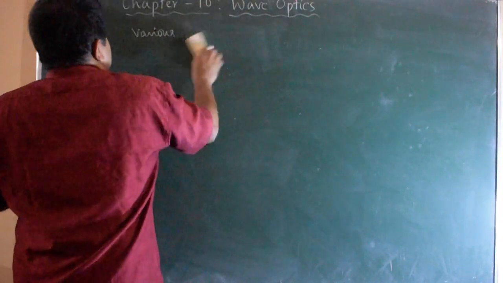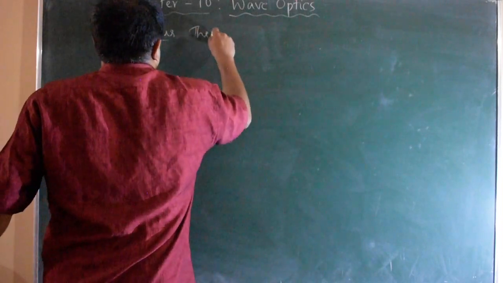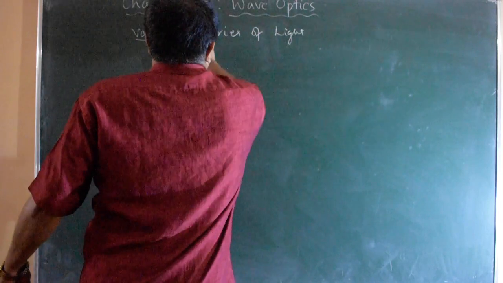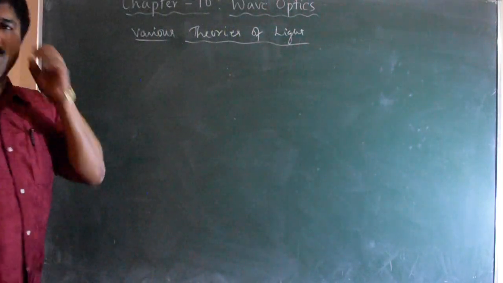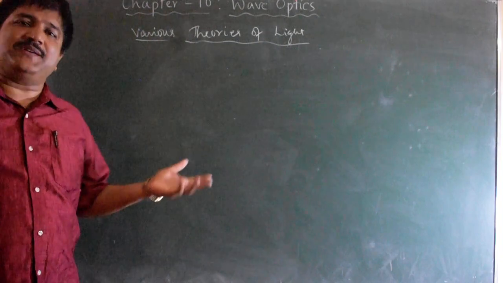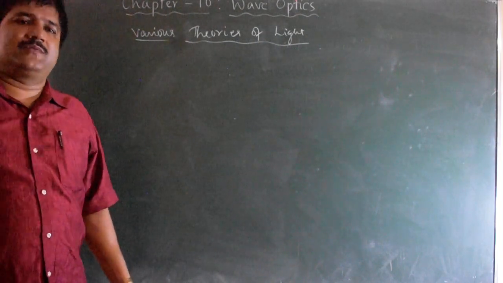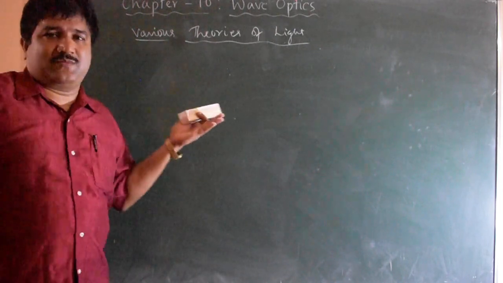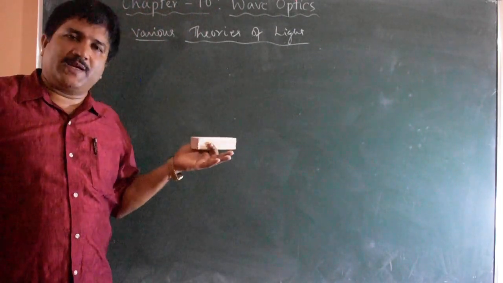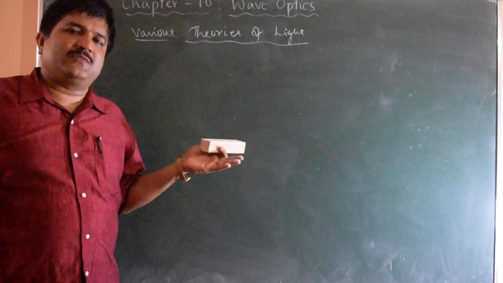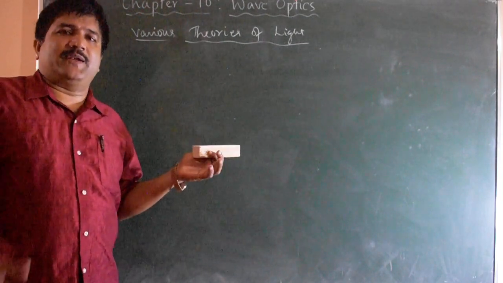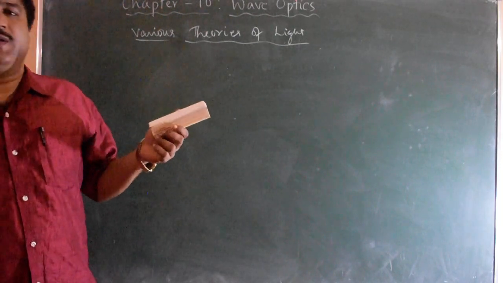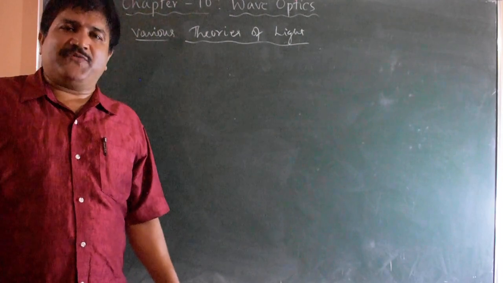The different theories were given by various scientists regarding the nature of light. Now we know that it is an electromagnetic wave during propagation, and it is emitted as a particle, or absorbed as a particle during a phenomenon like the photoelectric effect.